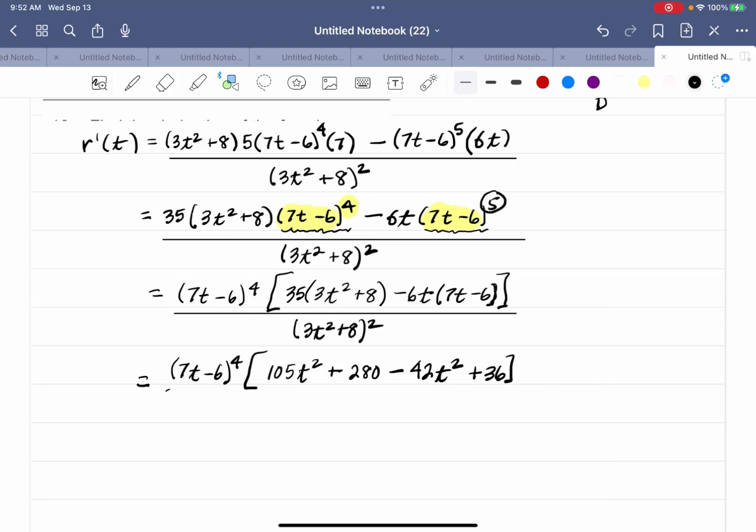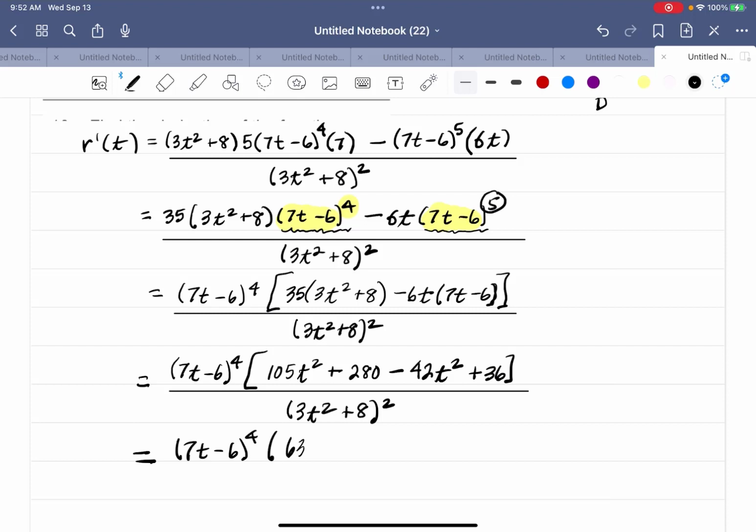And all of that is still over 3t squared plus 8 quantity squared. So cleaning up still what is inside the brackets, and I'm going to go on to a parentheses now because it's going to clean up pretty nicely. 105 minus 42 is 63t squared.